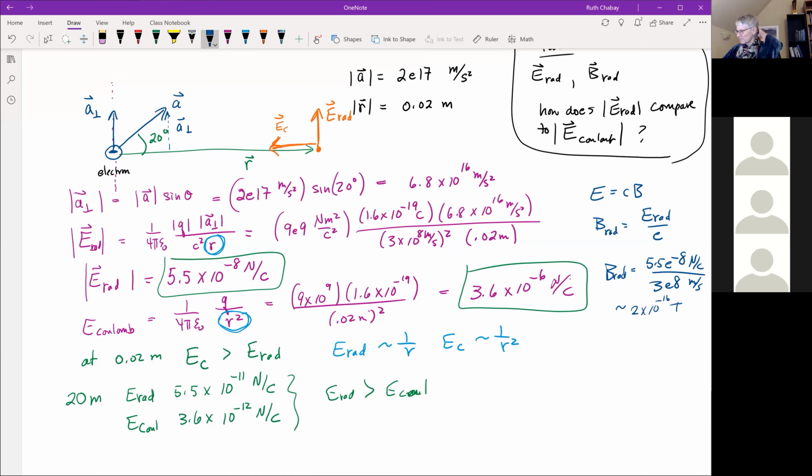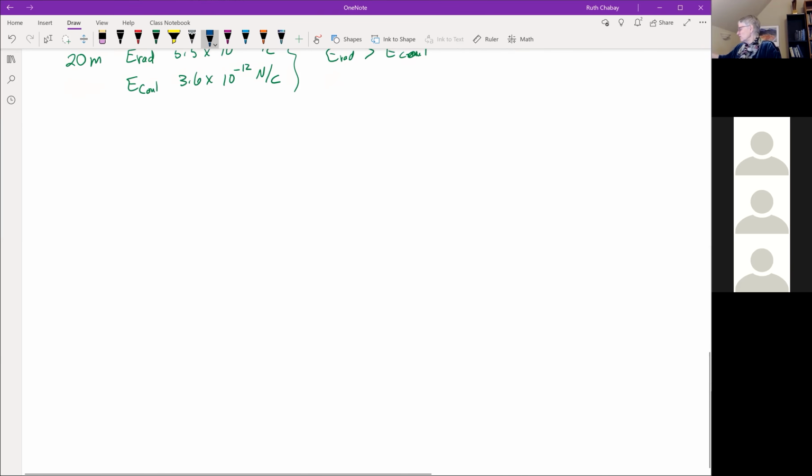Not very big, but it's there. Now, if you think about the fact that an accelerated charge produces electromagnetic radiation, you might ask the question, what about atoms?